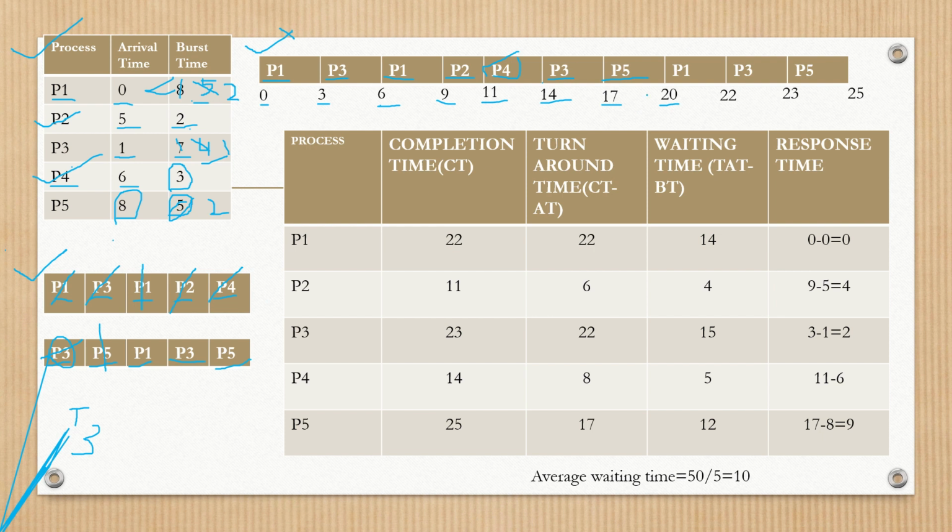Then at time 20, what is the first process in the ready queue? Here it is P1. P1 will be removed from the ready queue and allocated to the CPU. Then P1 will execute. What is the pending burst time of P1? See, only 2 is pending in the table.